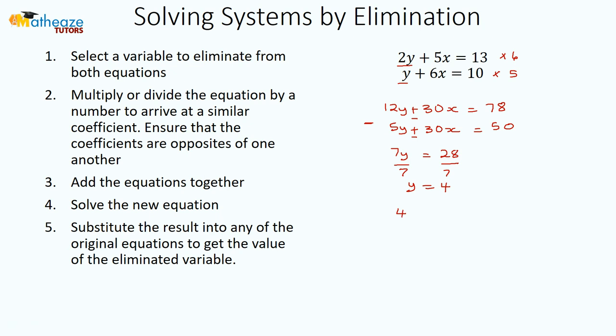So 4 plus 6x equal to 10. Subtract 4 here, subtract 4 here. 6x equal to 6. Divide by 6, x equal to 1. So what we have is x equal to 1, y equal to 4.